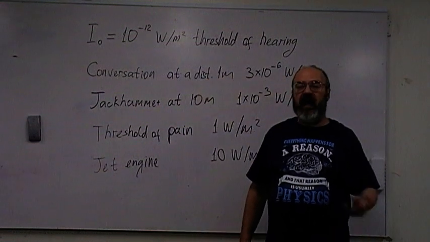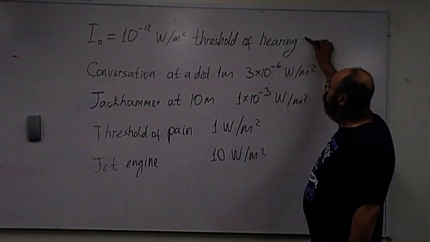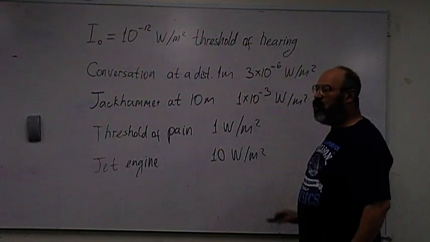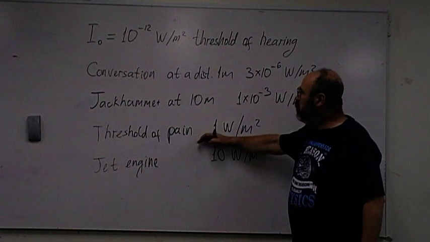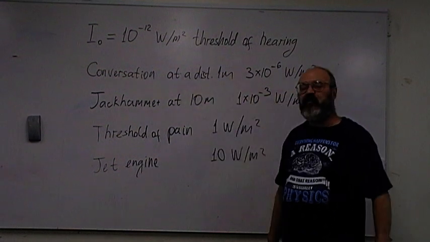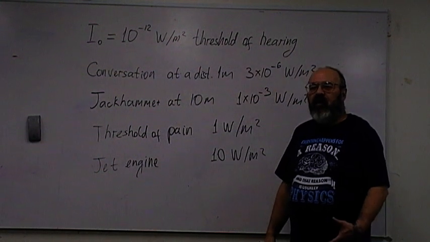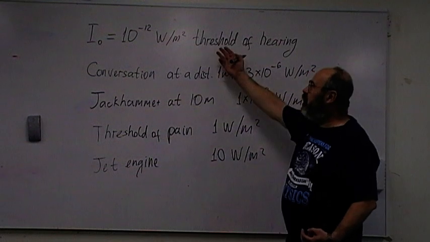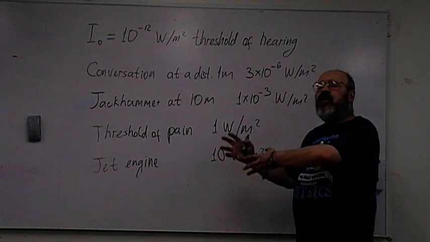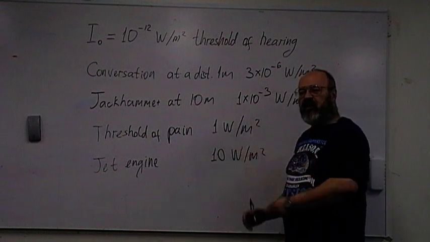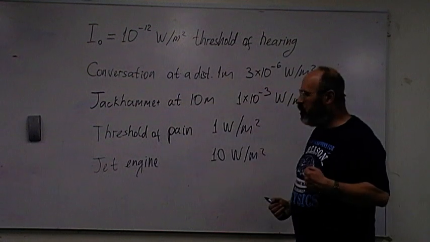So as you can see, our ear can hear a huge range of sound. This sound is 10 to the power of 12 times more intense than the softest sound that you can hear. So it's not very convenient to operate with those numbers because it's a huge range.